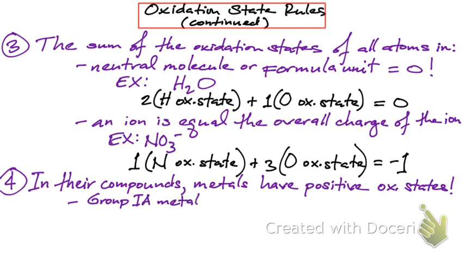Group 1 elements like sodium, lithium, potassium, and so on will always have an oxidation state of positive 1 in their compounds. For example, in sodium chloride or potassium nitrate, that potassium will have a positive 1 charge, and so it would have a positive 1 oxidation number.